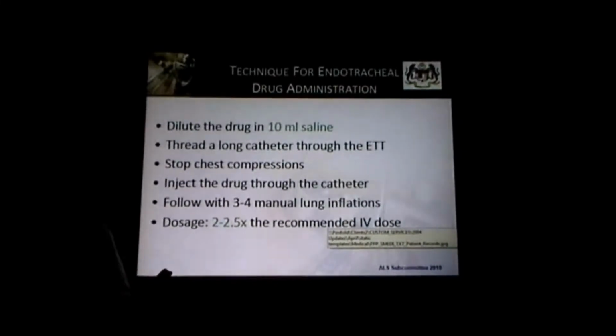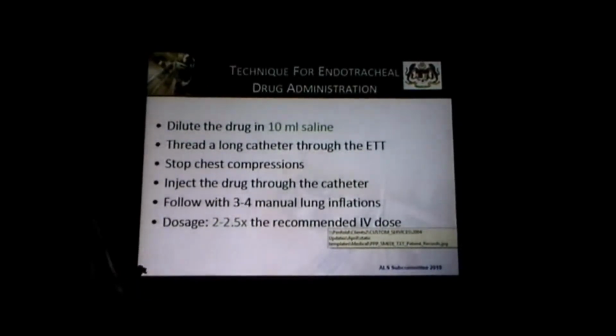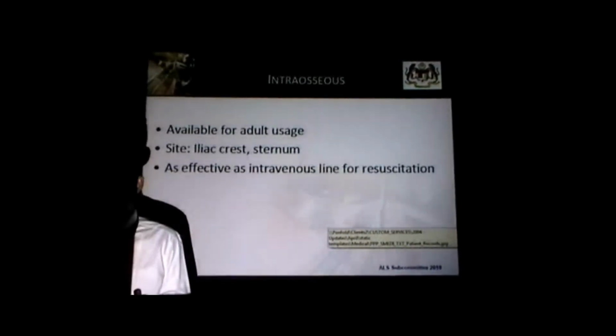Remember, administer drugs through ETT only if you fail to get the peripheral line and intraosseous access. If not, please use the other ones.